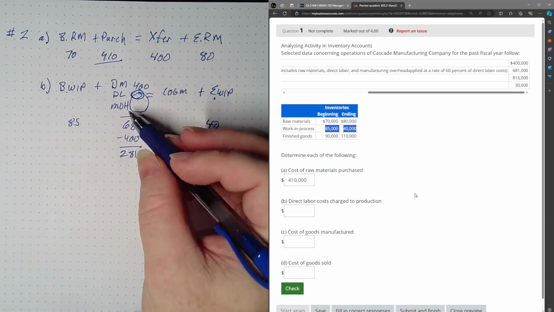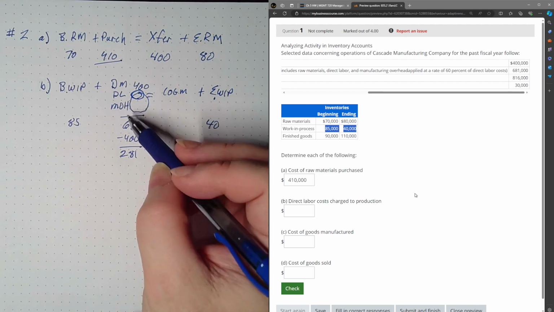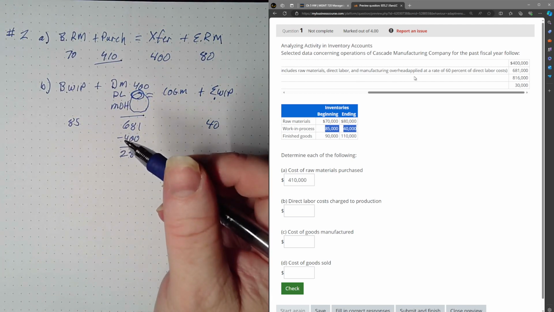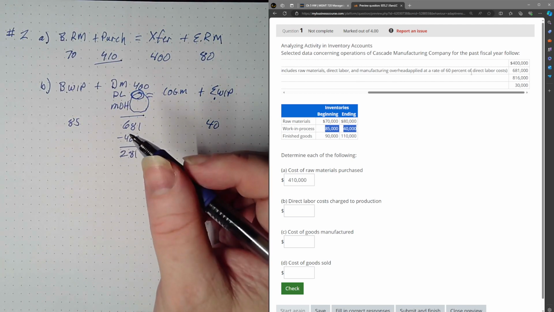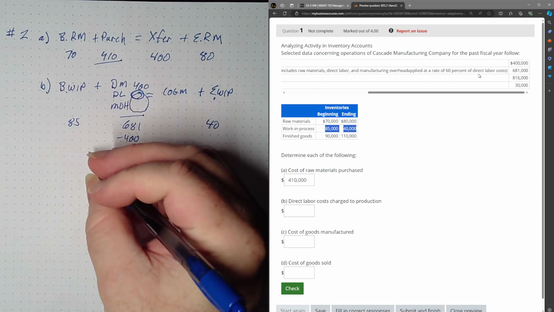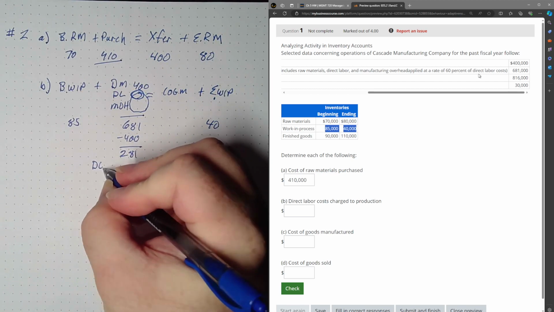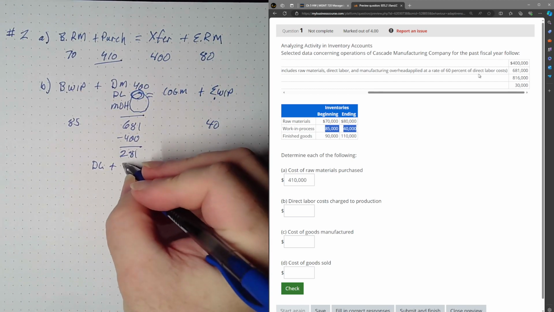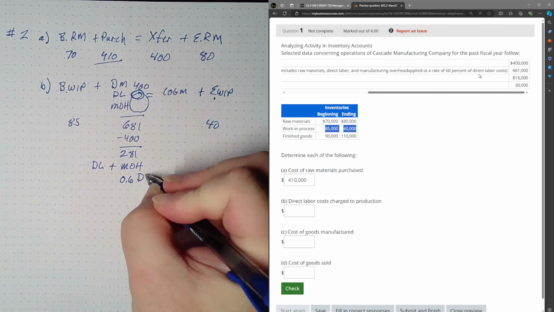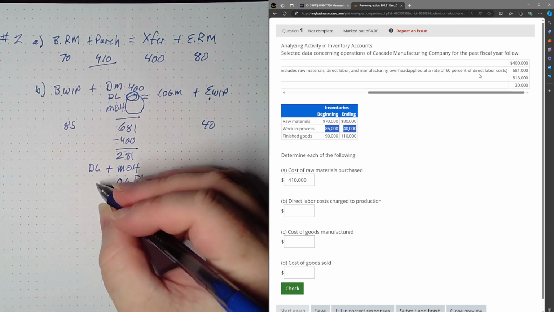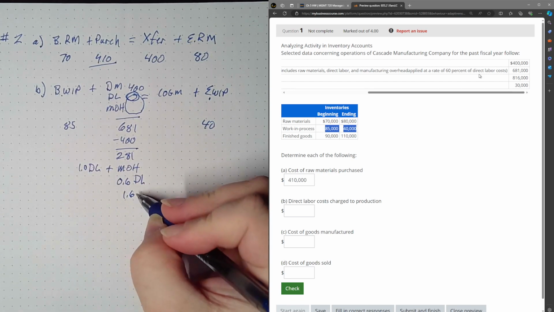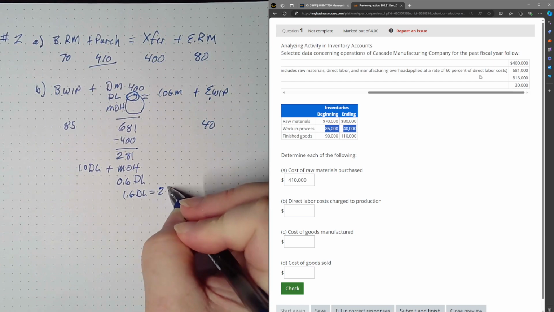So direct labor plus something equals 281. Well, what's the information they give us? They say manufacturing overhead is applied at a rate of 60% of direct labor costs. So what goes into this 281? It's direct labor costs plus the manufacturing overhead. But they say manufacturing overhead is 0.6 of direct labor. So what we have is 1 plus 0.6, 1.6 direct labor equals 281.